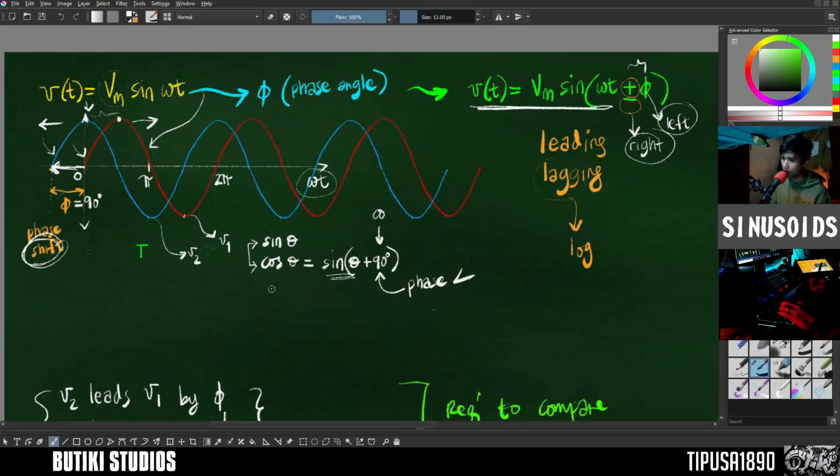Say for example, ang cosine siya, ganahan ka nga mahimo siya nga sine, so sine siya. But then para mahimo siya nga sine, plus nimo og 90. What if ang sine theta, ganahan ka nga ang sine theta ma-express nimo siya as cosine. Pwede siya nato ma-express as cosine, but doon natay idugang or isubtract nga certain face angle.